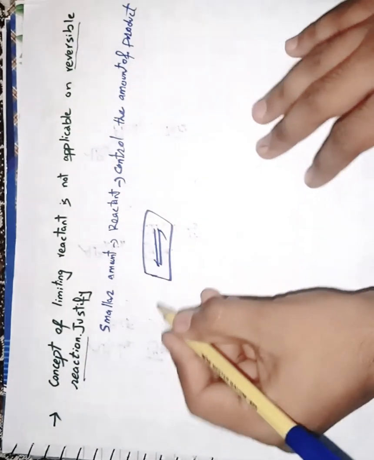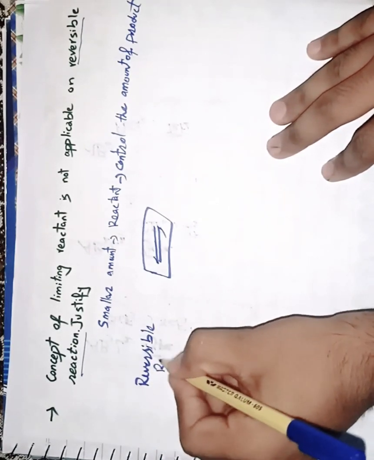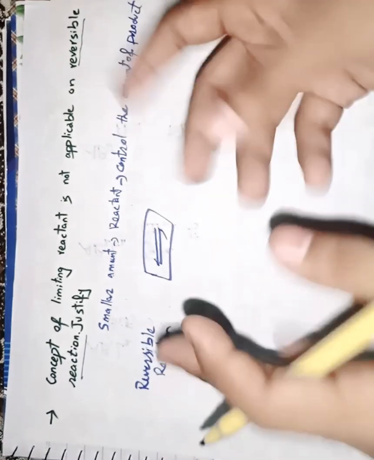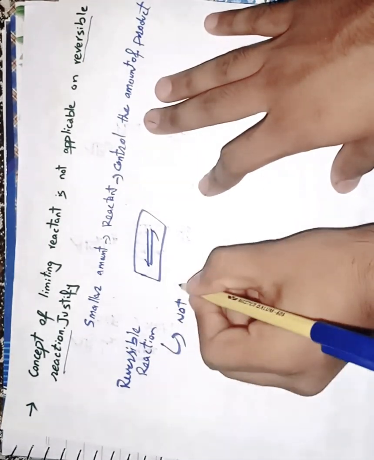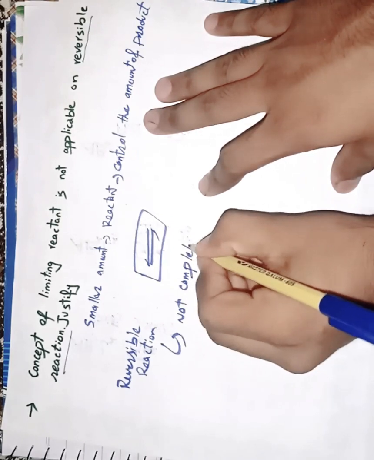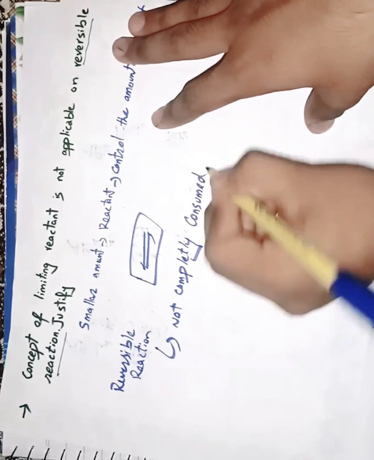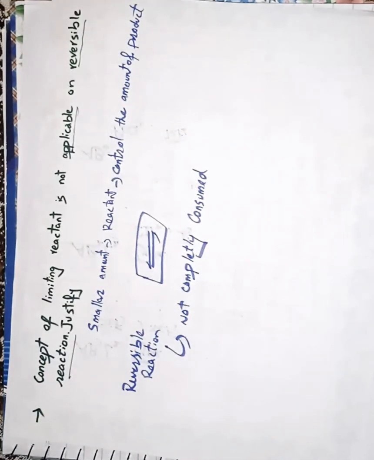Means in this reversible reaction the reactants are not completely consumed. Then how can we apply the limiting reactant to a reversible reaction? A limiting reactant is completely converted into product.